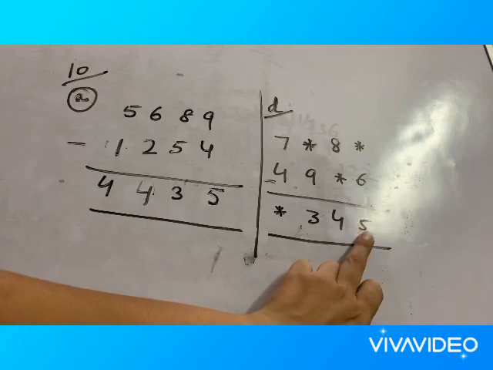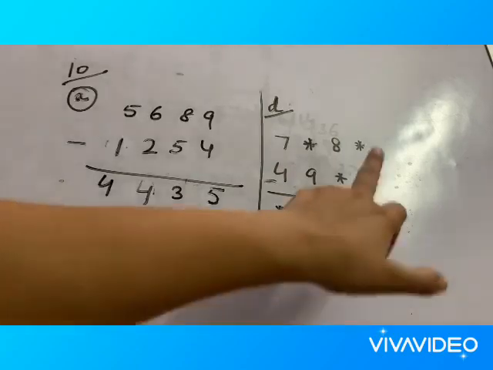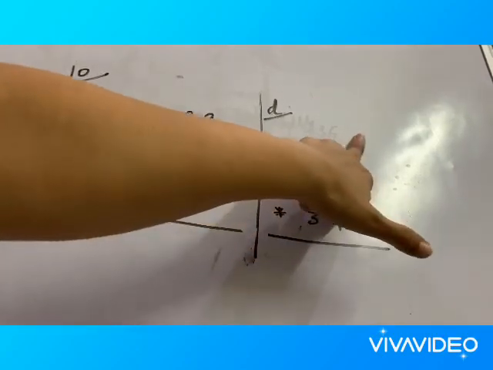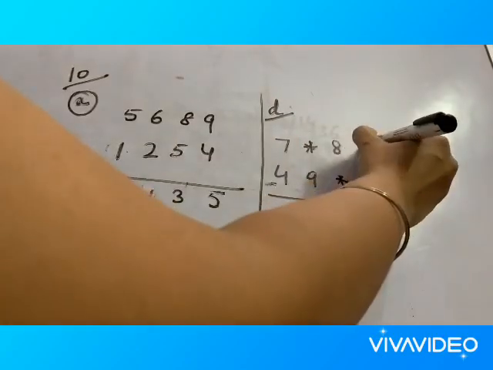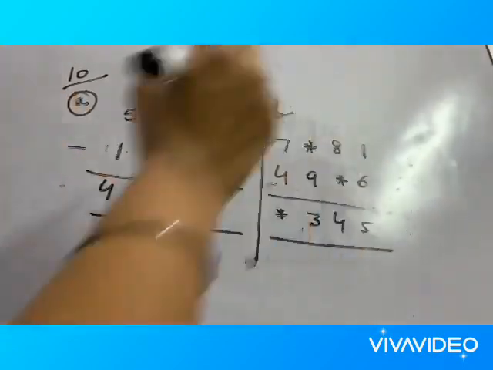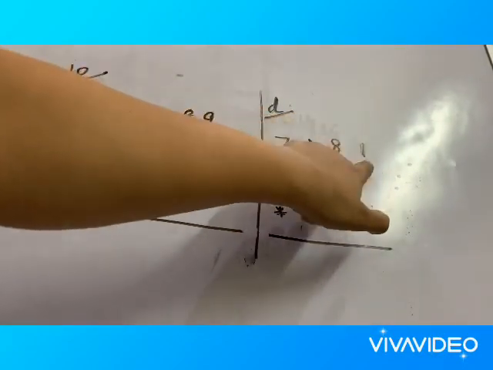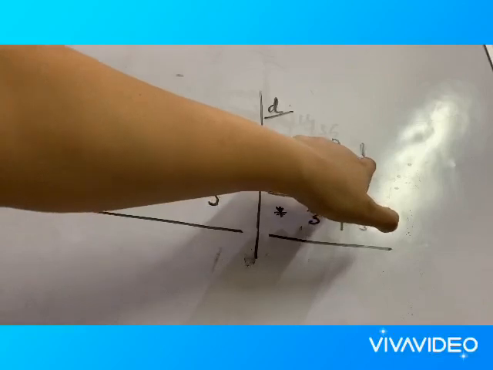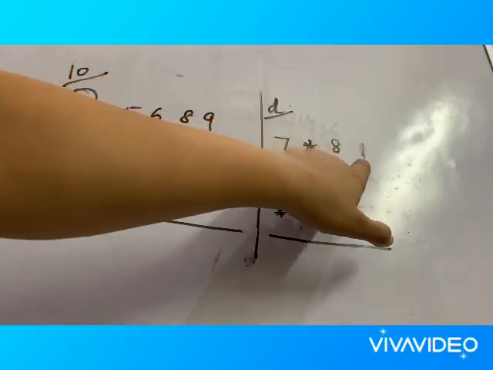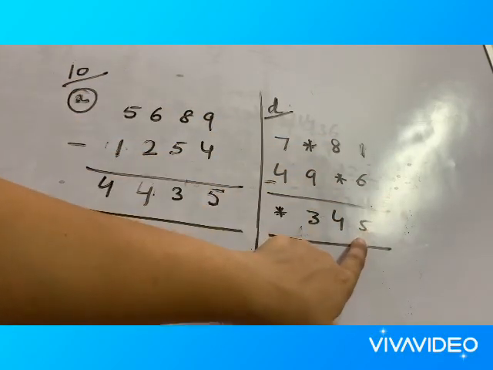So the answer will be 5. 11, or here comes 1. So if we take a carry here, this one will be 11. 11 minus 6, 5. Okay, got my point?